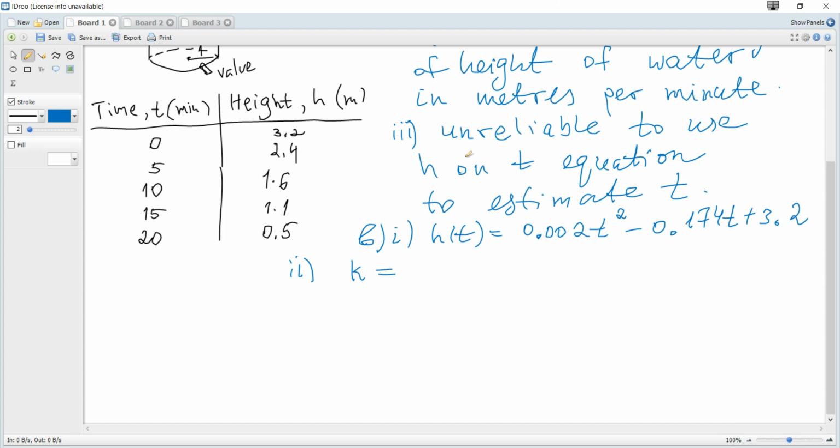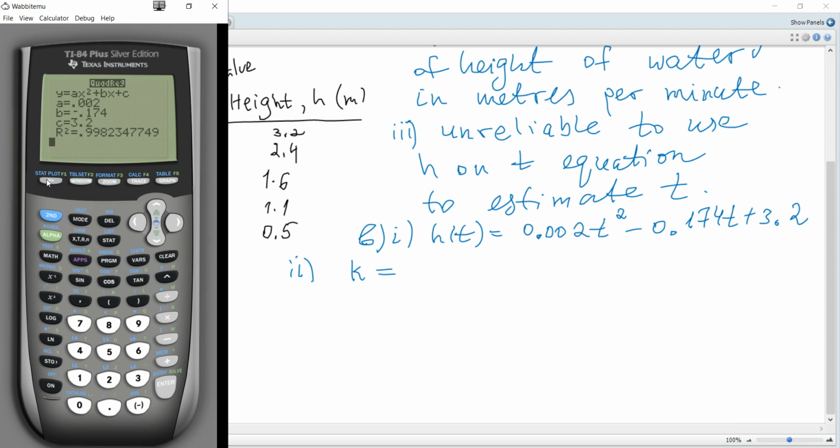You may use a formula with discriminant, or we can just plot a graph of this function, window x, for example, from 0 to 40.